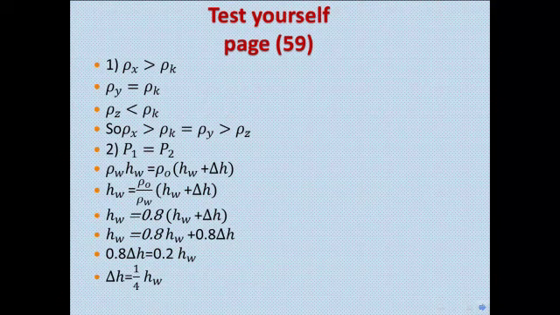Excellent, K. If I have higher height, I will have lower density. So rho X is bigger than rho K. Y and K are equal: rho Y equals rho K. Z: the height of Z is more than the height of K, so rho Z is less than rho K. So rho X is bigger than rho K, which equals rho Y, which is bigger than rho Z.